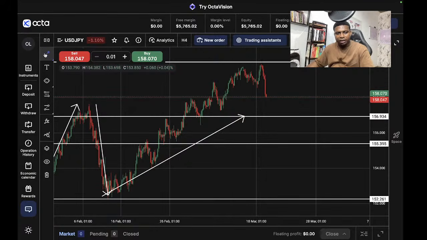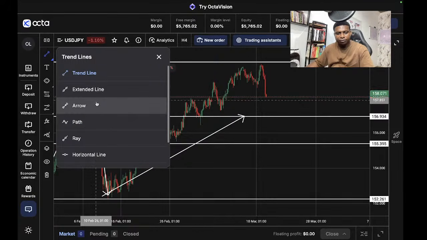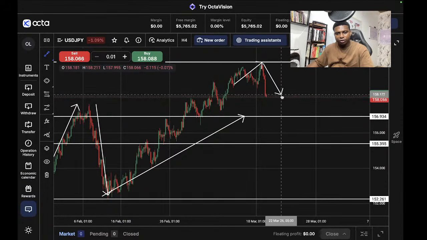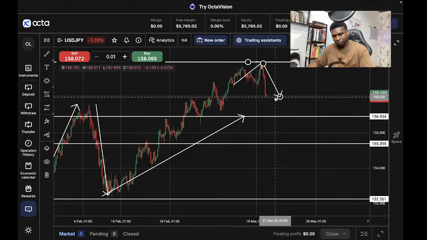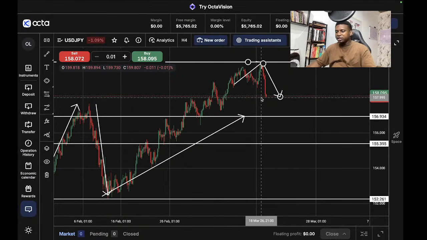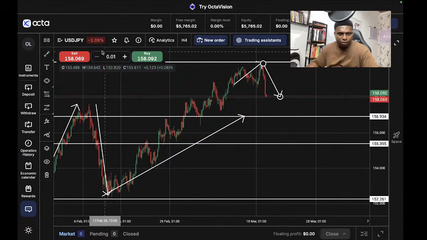I saw the market moved up, and from here it moved down. So I closed at this level. All right. This is USD JPY. So we're going to explore Euro USD, then come back to USD JPY.